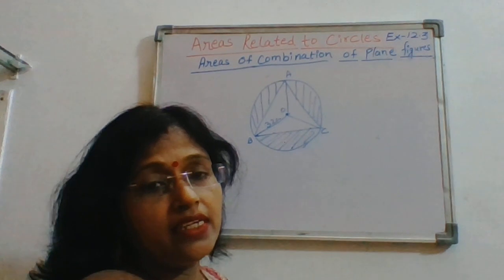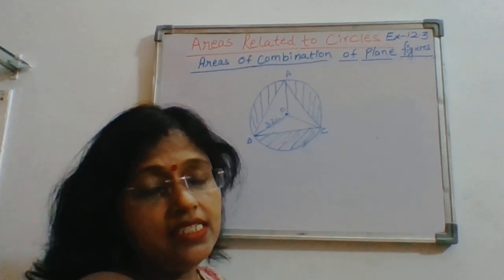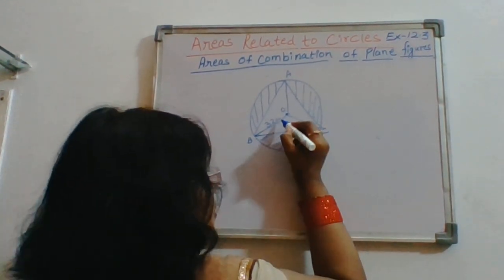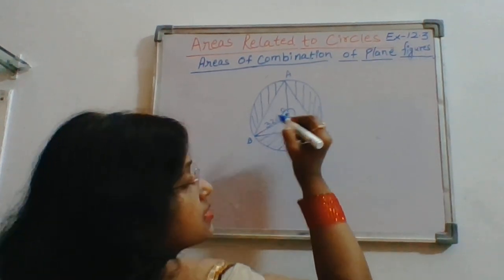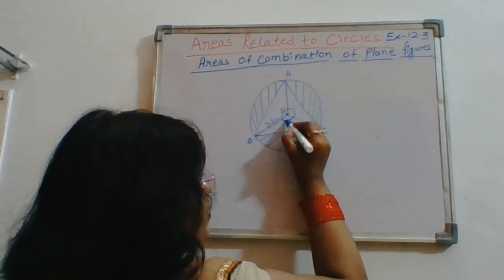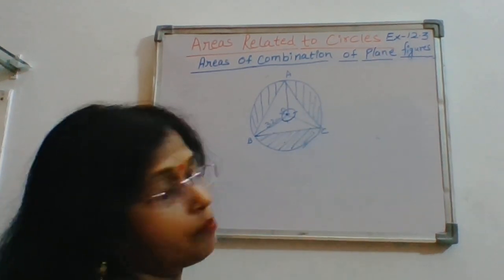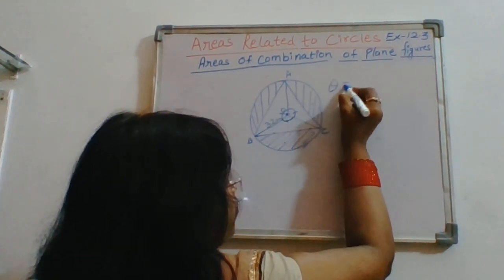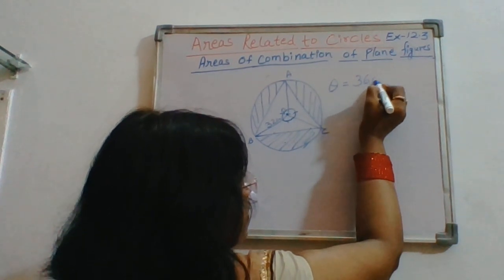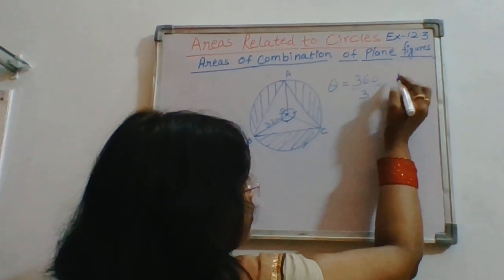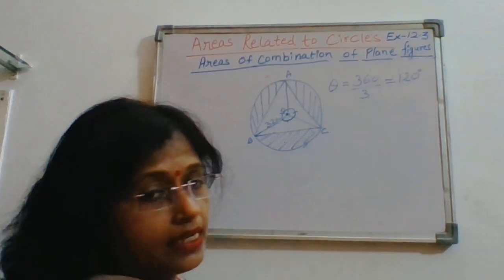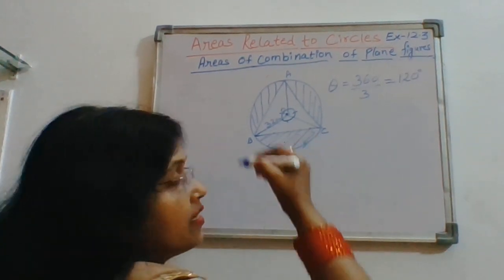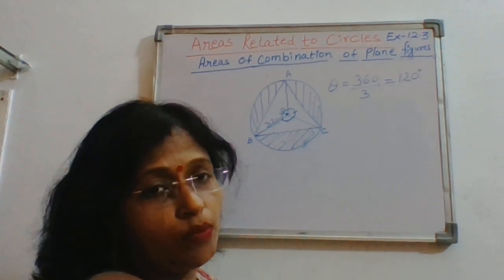Now to calculate the area of the sector, we need the central angle. So this central angle. We know that the complete angle is 360 and it is divided into three equal parts. So theta will be equal to 360 upon 3, that is 120. So the central angle is 120 degree.